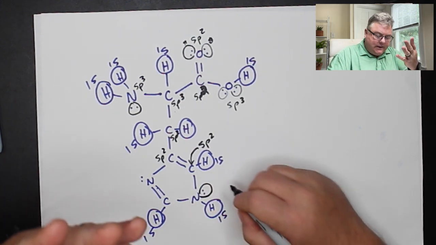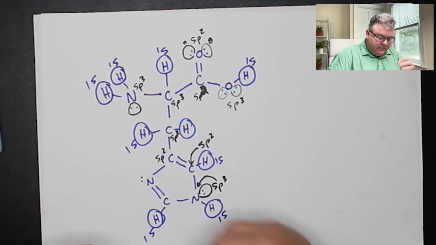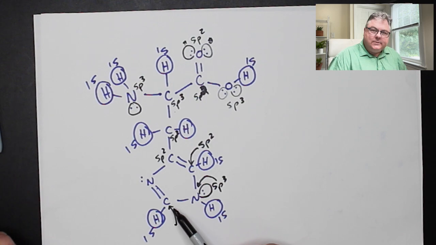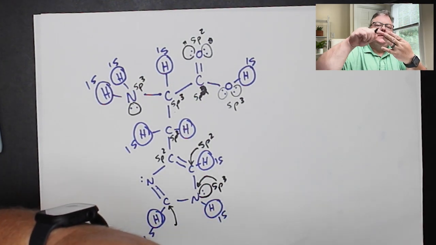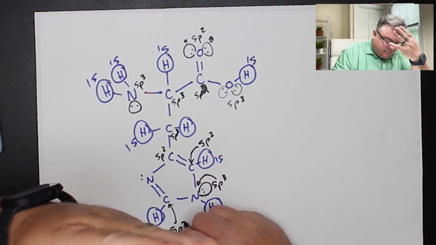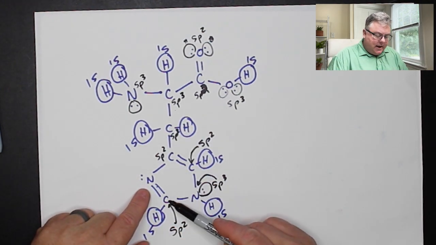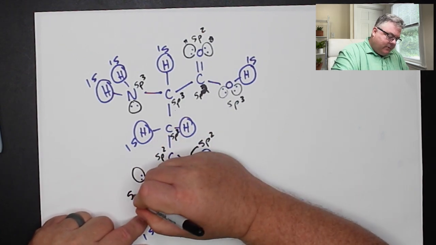So that's 4 things. sp3 for that nitrogen. This carbon has 1, 2, 3 atoms, 0 lone pairs. So 3 atoms would be sp2. This nitrogen has an atom, and a lone pair. So that's 3 things. So sp2.